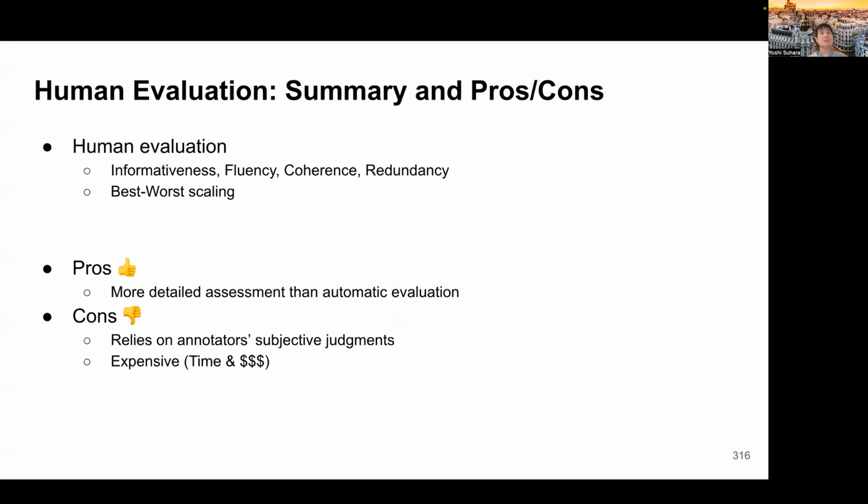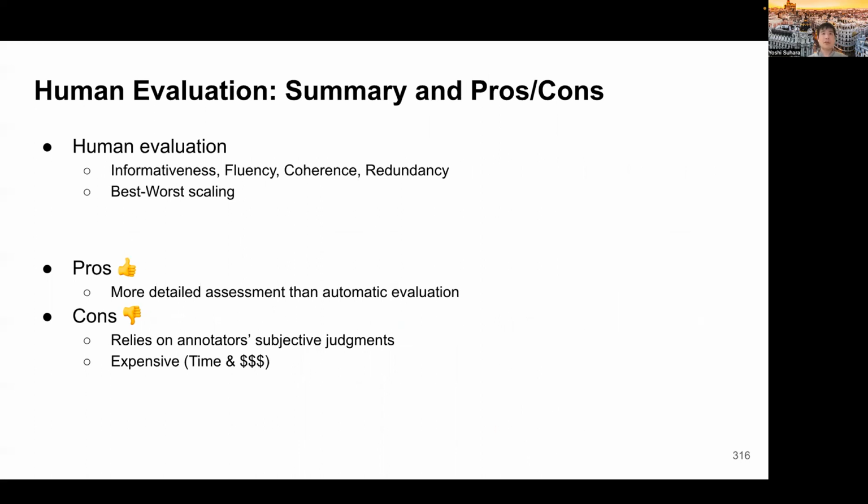Here's a summary and pros and cons of human evaluation. Human evaluation asks annotators to manually evaluate multiple criteria, such as informativeness, fluency, coherence, and redundancy. For effective annotation, best-worst scaling is often used.